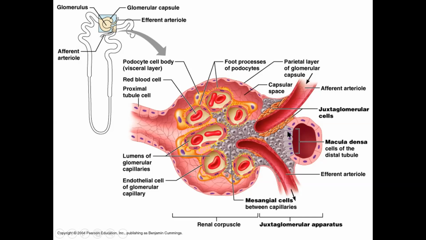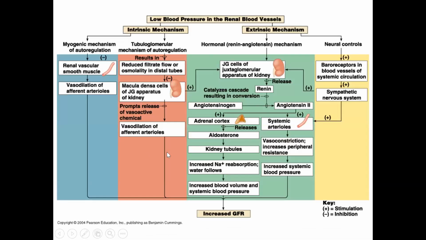These vasoactive chemicals will allow this afferent arteriole to dilate, to increase the diameter, to allow more blood coming in. All right, so you got that? So that's this side.